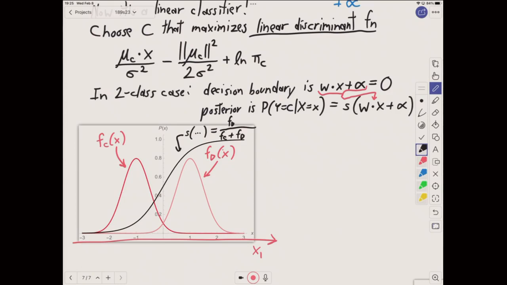So the relationship between the two, the red and the pink curve to the black curve, is that you take the pink curve, you divide it by the sum of the red and the pink curve, and you get the black curve. The black curve being the posterior probabilities, the red and pink curves being the original PDFs. Well, the posterior probabilities really, so the original PDFs multiplied by the priors.